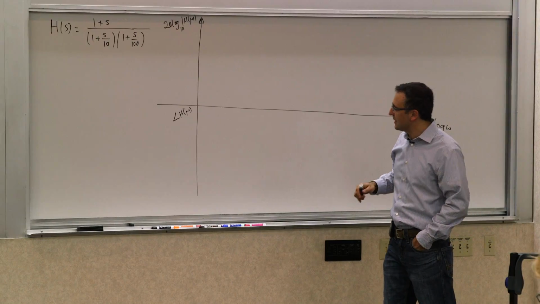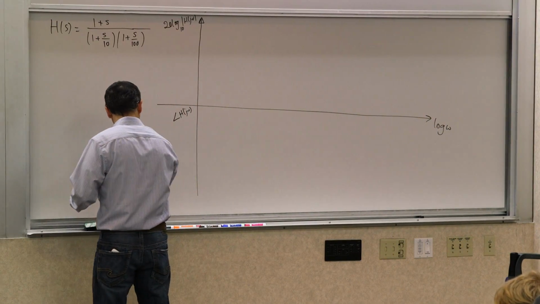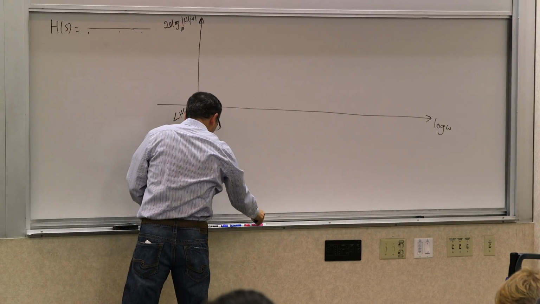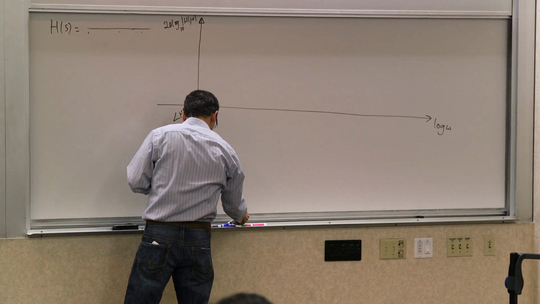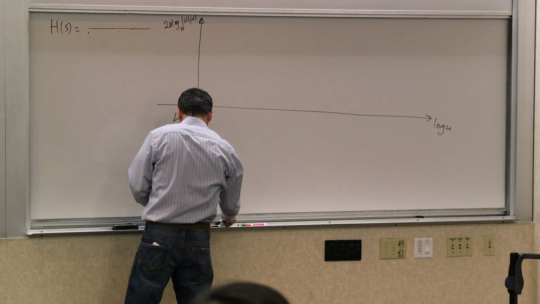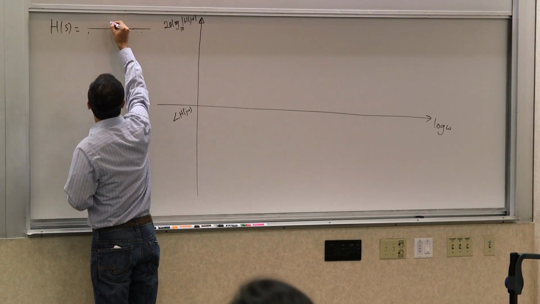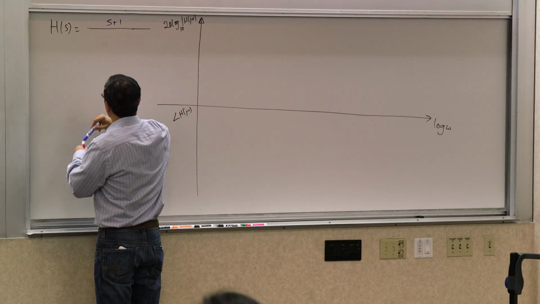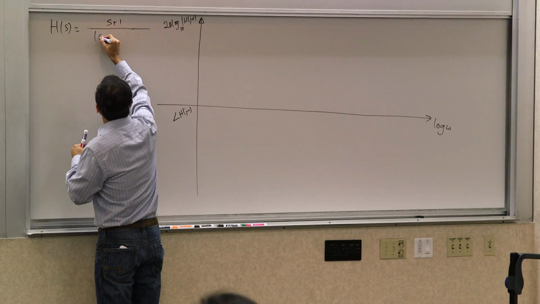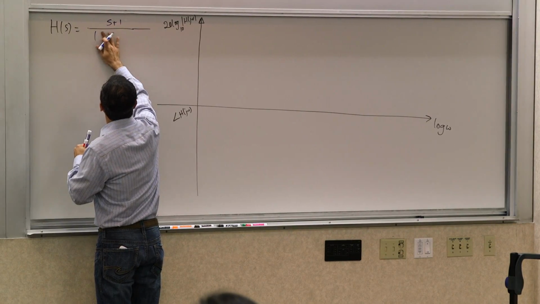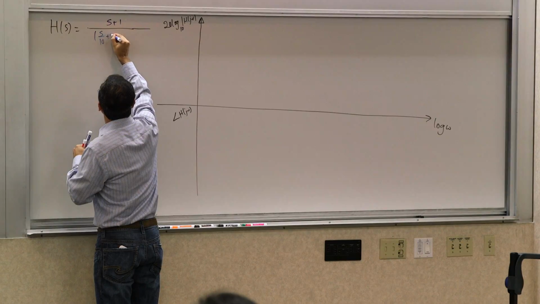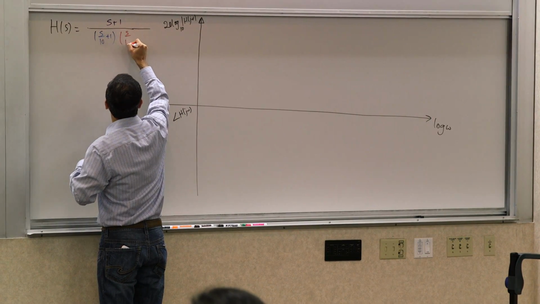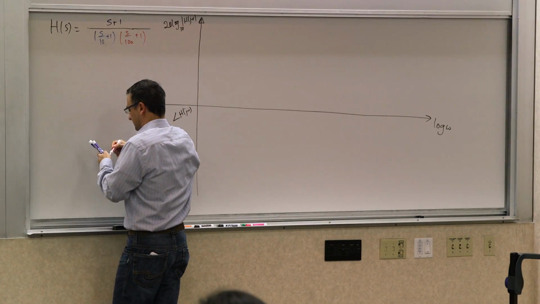So let me just do a color code on these. I'm going to pick different colors. S plus 1, S over 10 plus 1, and then S over 100 plus 1.